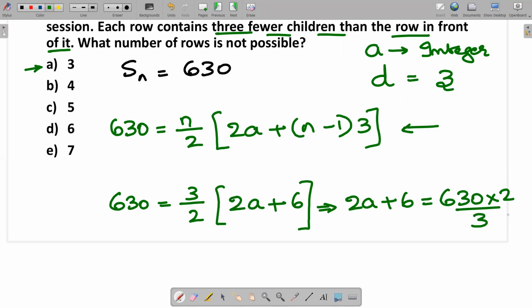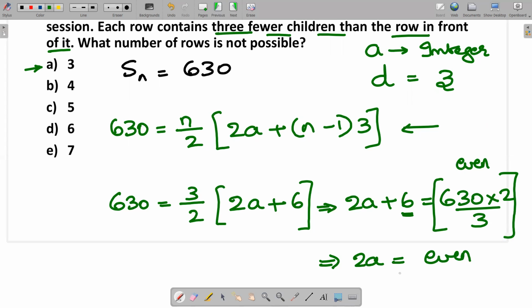You don't need to calculate the value, because you can see that 630 into 2 by 3 has to be an even number. Now, from this, you are subtracting 6. So I can conclude that 2a is an even number. From this, I can see that a will definitely be an integer.